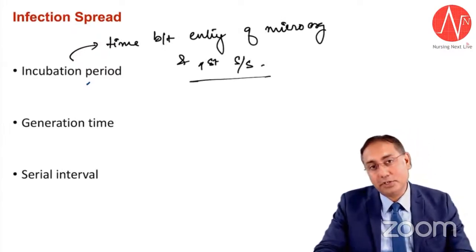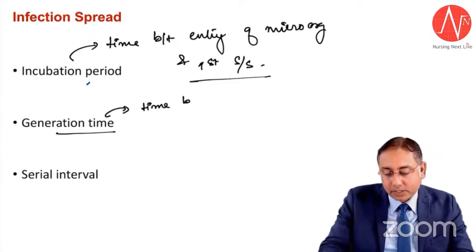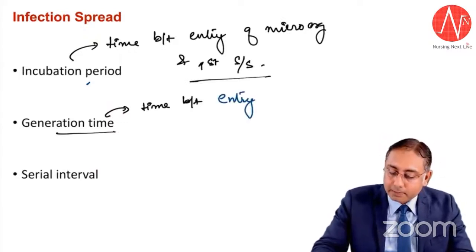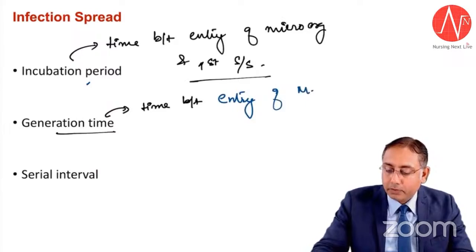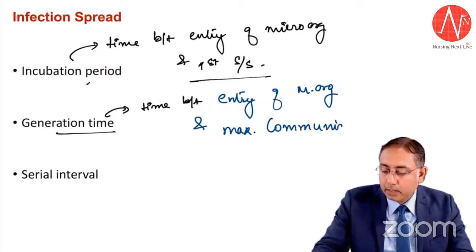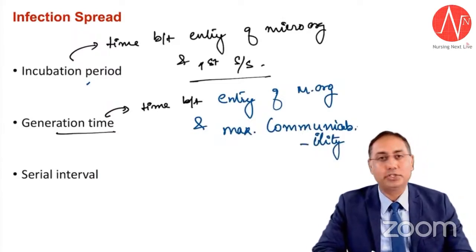What do you mean by the generation time? Very important MCQ: generation time is the time between the entry of the microorganism and the maximum communicability. That is what is called the generation time.